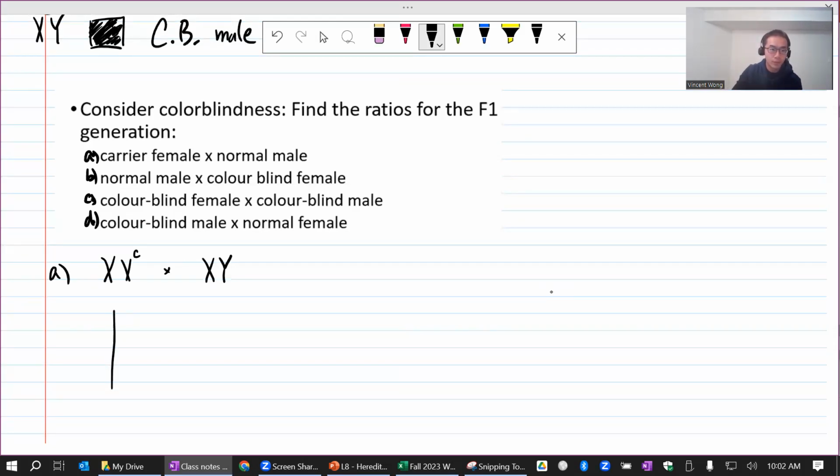We are going to do the Punnett square. So XXC, XY. When you combine these, it is XX. When you combine these, it is XY.